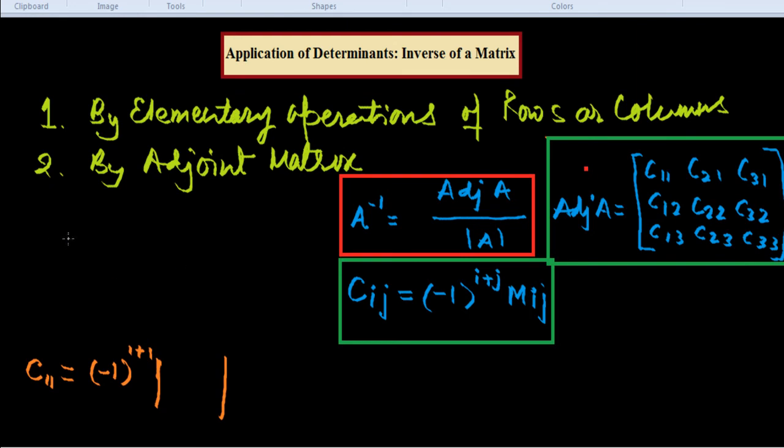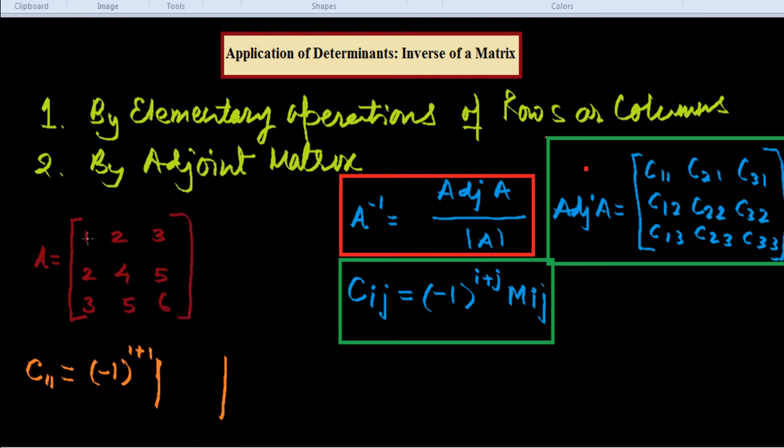First I would write down the particular question here. We have a matrix A of which we have to find the inverse. So I am writing down here 1, 2, 3, 2, 4, 5 and 3, 5, 6. This is the matrix we have.